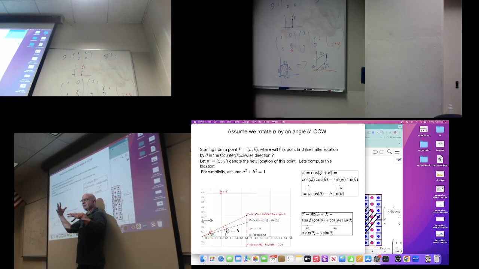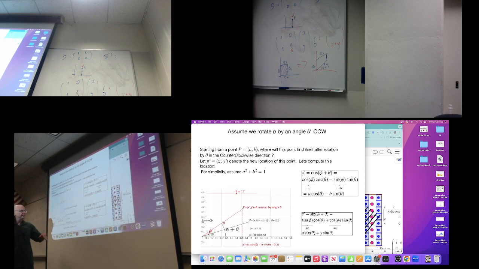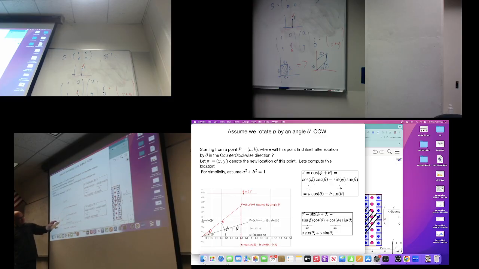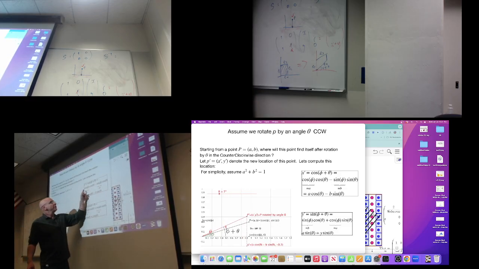Phi is something that depends only on this point. But I'm not rotating only this point. I'm rotating the whole world, the whole clock that you saw earlier. So every such point, I want to rotate by theta. So what happens to the point P? What would be its new cosine, its new x projection?